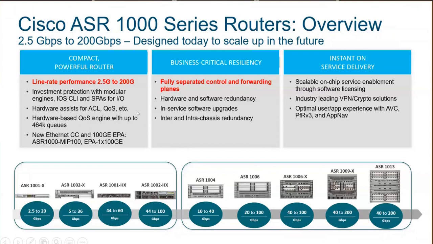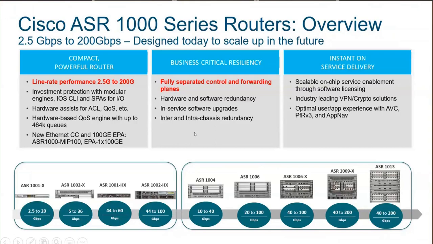And in this kind of redundancy, we have something known as inter and intra chassis as well, where we'll have two different chassis, and we'll be having a redundancy between those two.